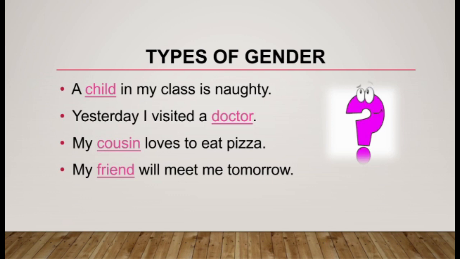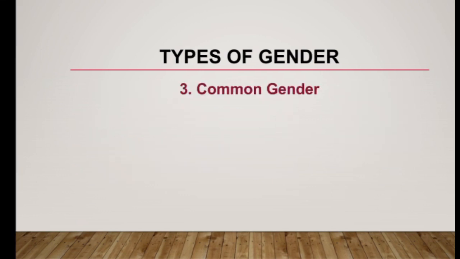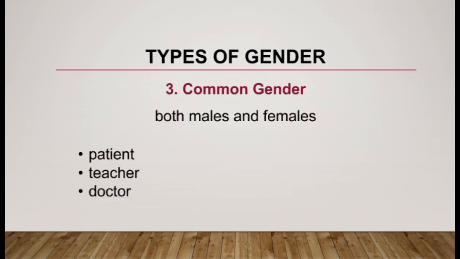In all these sentences, we saw nouns that could be masculine or they could be feminine as well. These types of nouns belong to the third category of genders, and that is called common gender. A common gender can be used for both males and females.